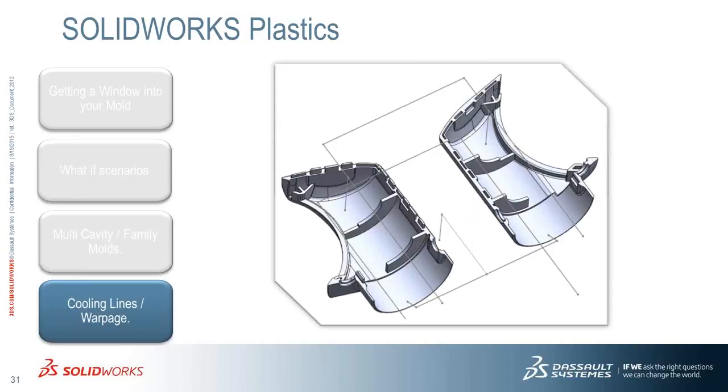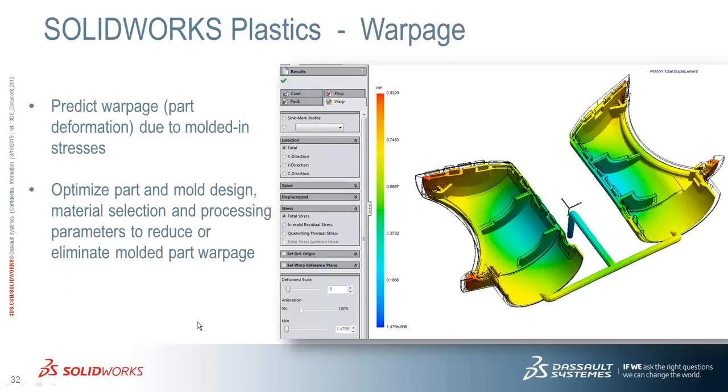Last but not the least, one of the winning features of SolidWorks Plastics is the ability to model cooling and warpage scenarios within the plastic simulation. The causes of injection molded plastic part warpage could be either non-uniform shrinkage or differential molded-in stress, or non-uniform cooling rates, molecular and fiber orientations, or even variable packing.